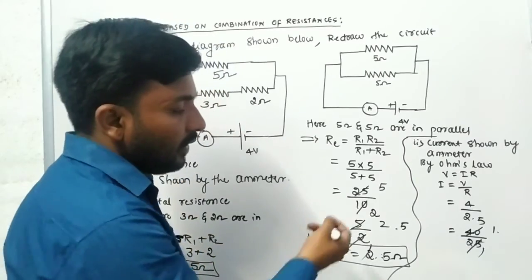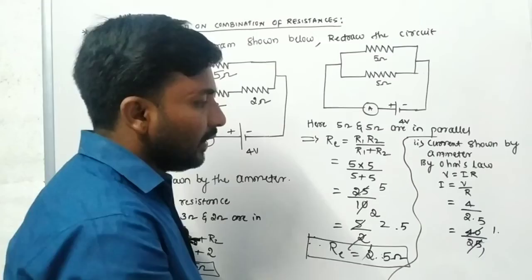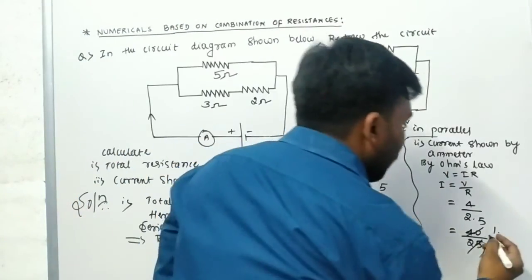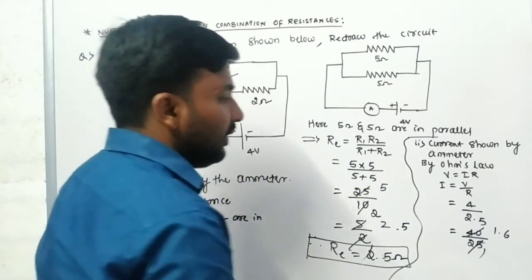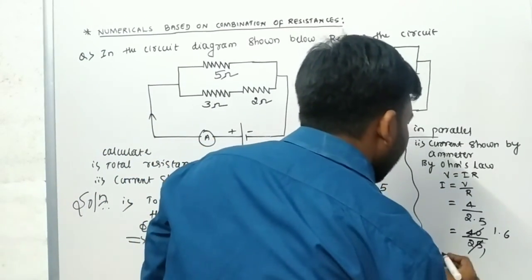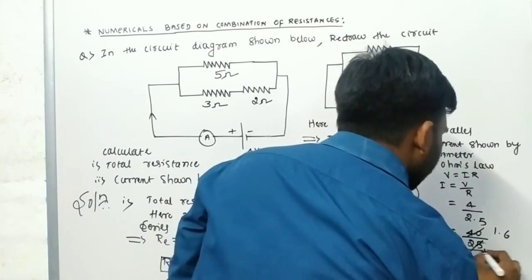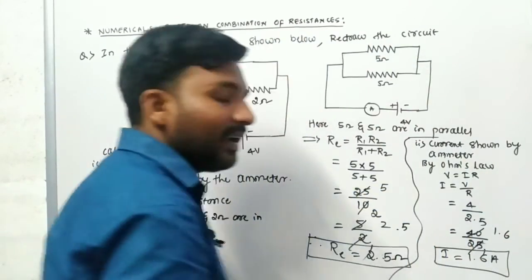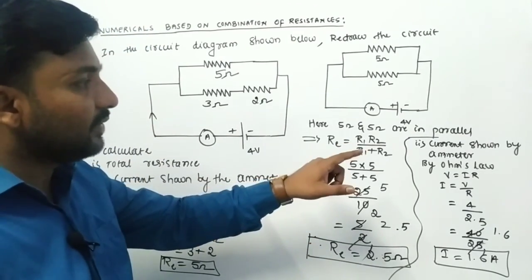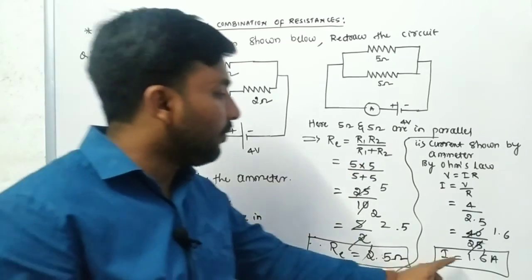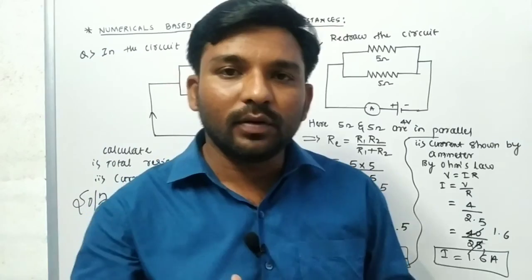It is 150. Now 25 6s are 150. So current is equal to 1.6 ampere. So the ammeter is going to show the reading 1.6 ampere. So hence we have solved the problem.